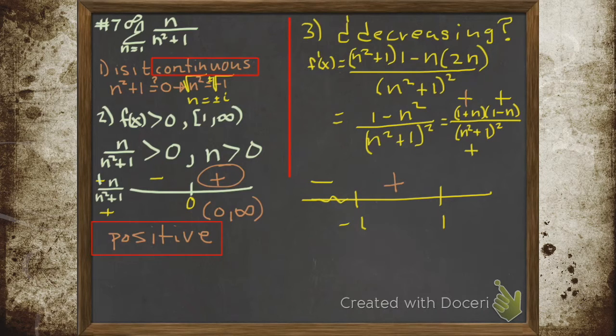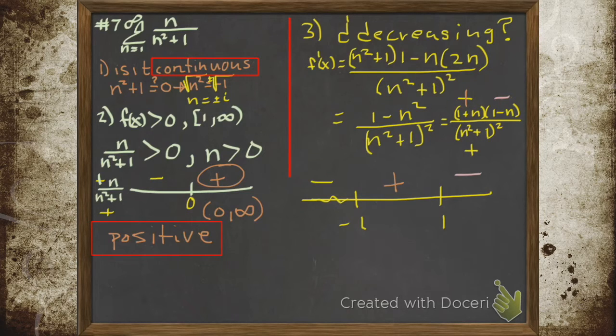And then we chose 0, and our signs were like that. And that gave us a positive value. And then we checked to the right of 1, and that gave us a negative value over there.